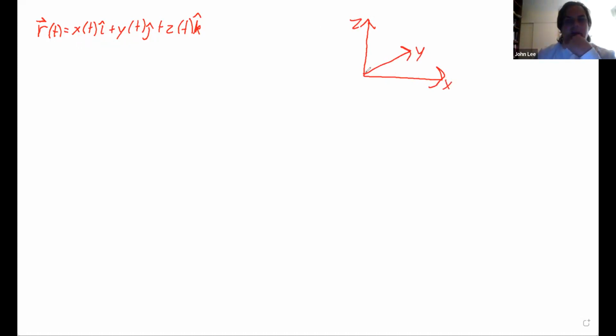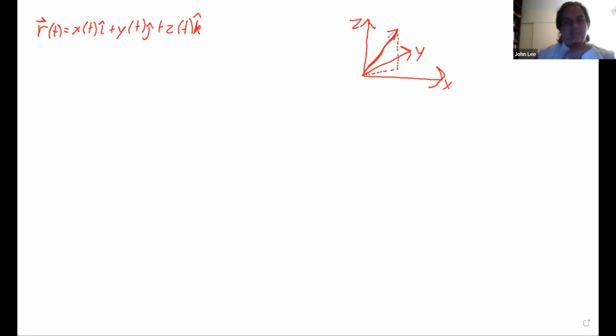And then if you have a vector that has x of t, y of t, and z of t, then it's just going to tell you its position in your Cartesian coordinates.